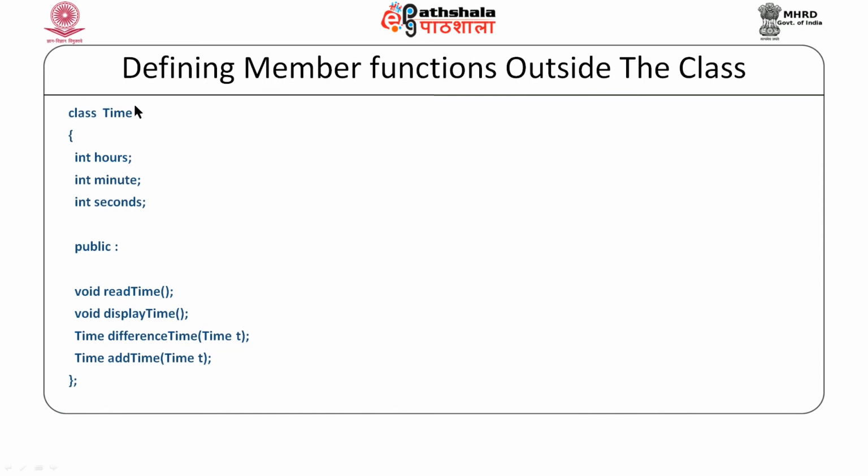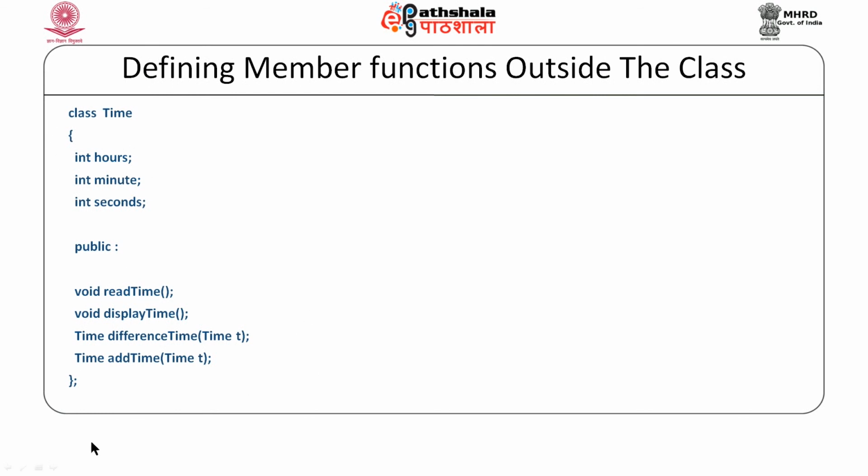Here, when I am defining the time class, I am only declaring the member functions, and the definitions of the functions are not being kept inside the class. These functions we can define outside the class. How do we define them outside the class? So, here what is the advantage?